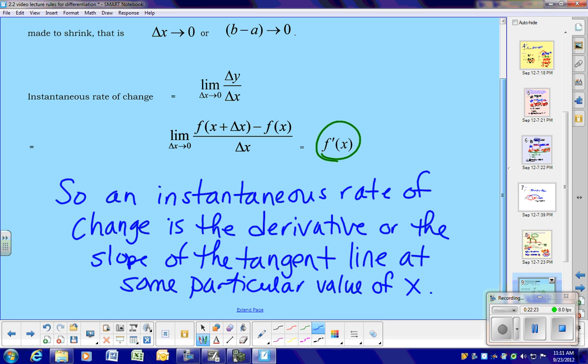For those of you who need the above mathy stuff in words, an instantaneous rate of change is just the derivative or the slope of the tangent line at a particular value. The derivative's value at a particular value.